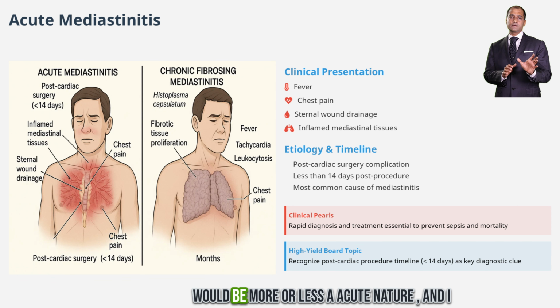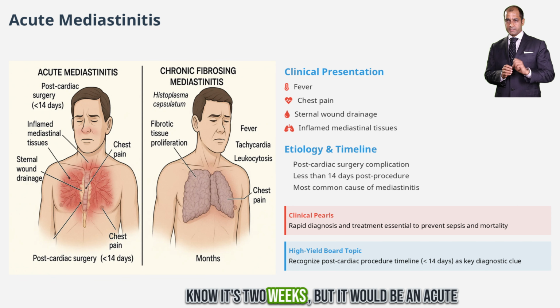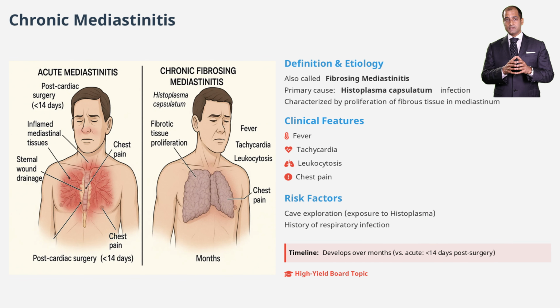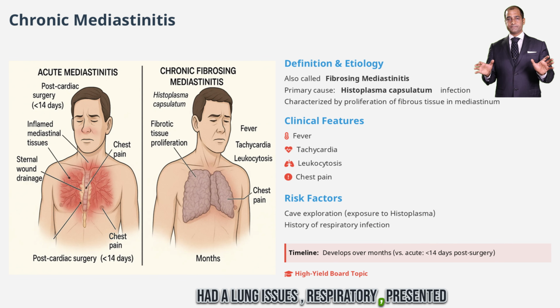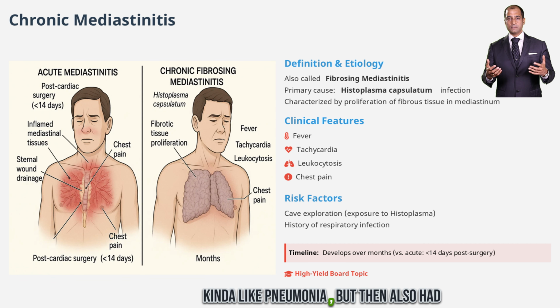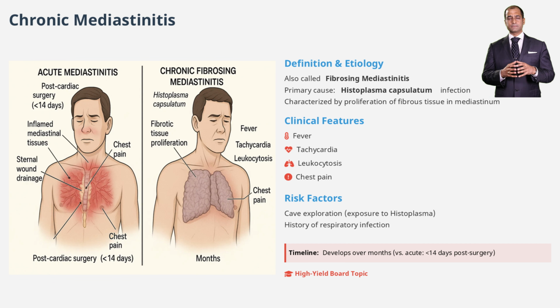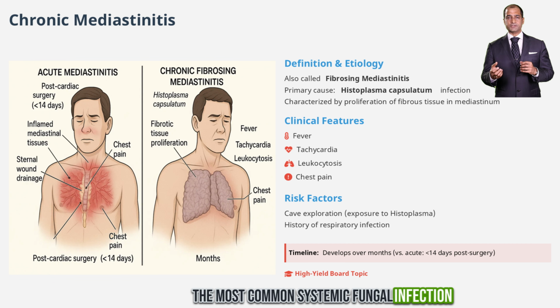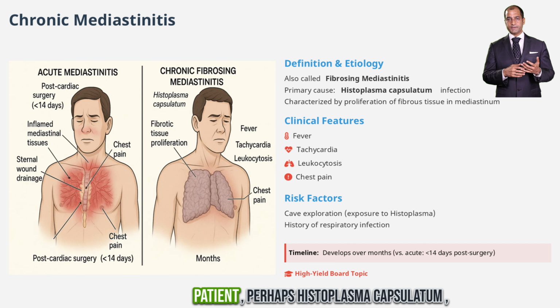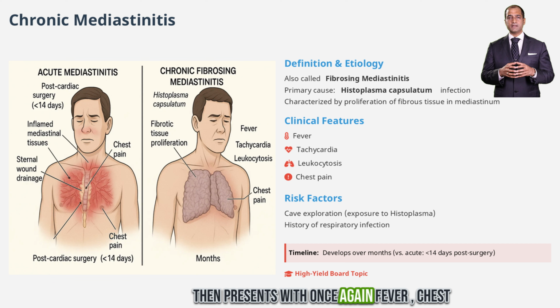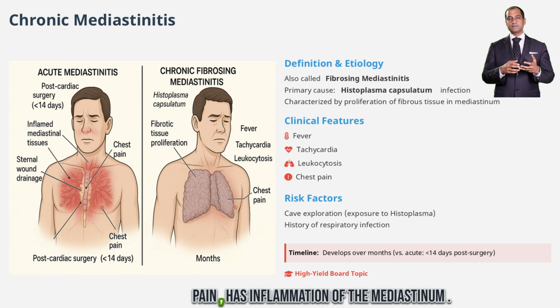Now, that would be more or less an acute nature. I know it's 2 weeks, but it would be an acute nature. What if your patient had lung issues, respiratory, presented kind of like pneumonia, but then also had maybe a history of going through a cave and exploring? The most common systemic fungal infection that may have occurred in that type of patient, perhaps Histoplasma capsulatum, then presents with, once again, fever, chest pain, and inflammation of the mediastinum.